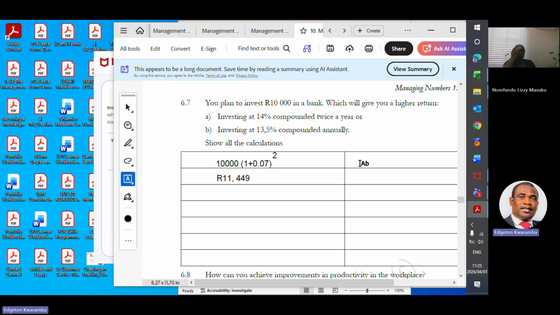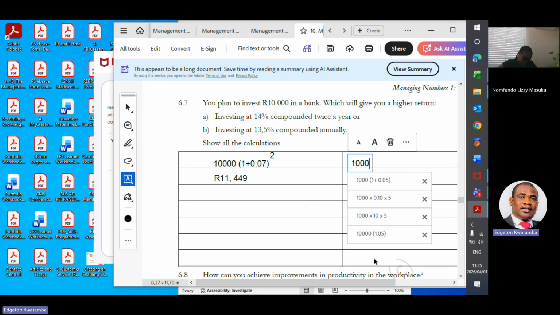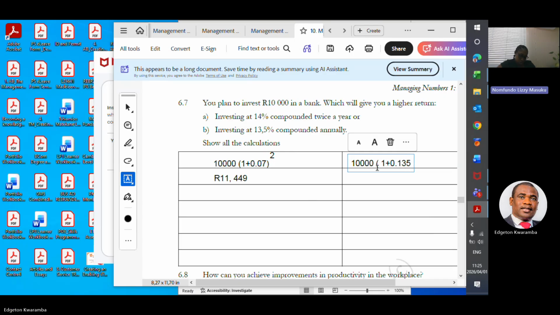The other option is going to be compounded once at 13.5%. So it's going to be 10,000, and then I open the bracket, and then it becomes 1 plus 0.135. Sorry, I forgot the 1 plus. It's compounded annually, so it's 1 year, once.